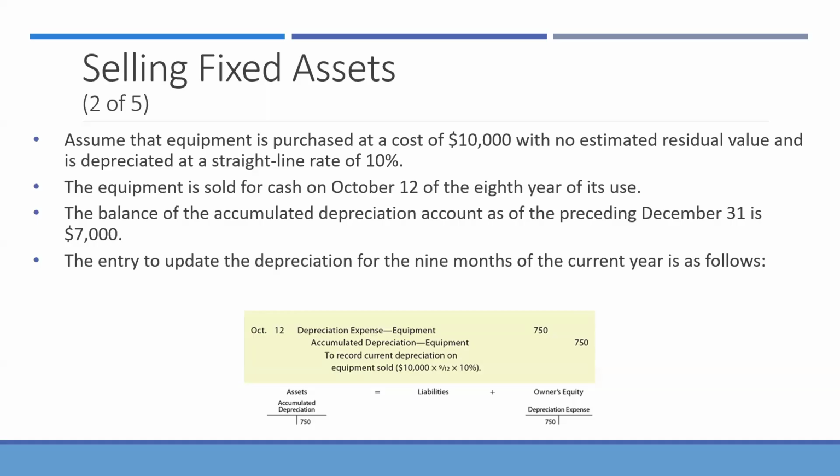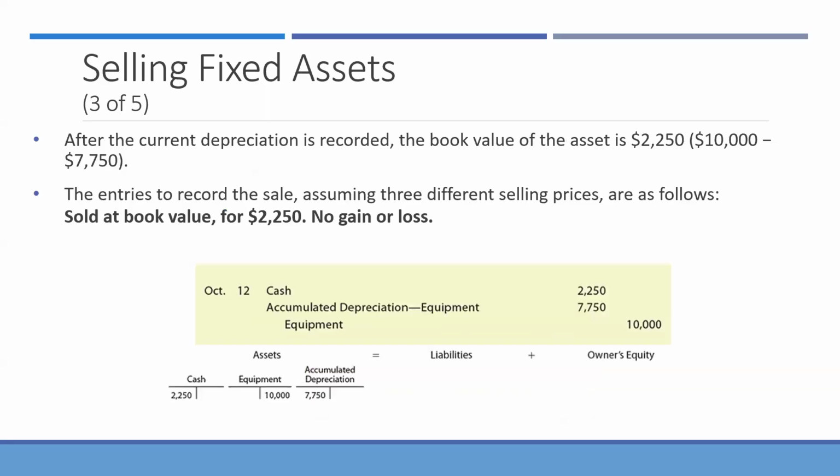And then the beginning balance was 7,000 on accumulated depreciation. So when we sell the asset for $2,250, that is equal to the net book value on October 12th. And so we debit cash because we're receiving cash, debit accumulated depreciation, and credit equipment.